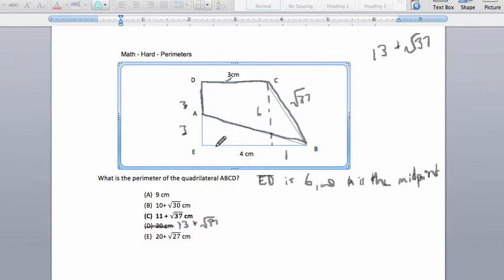Anybody who made the same careless mistake I did would have chosen D. So again, this is a great way to make questions even better, is to put as answer choices things that students can get if they do it a slightly wrong way or make a careless mistake. Again, this is a perfectly good question. I'm just adding in some really small things that could make it even a little bit better. And that is it. It was really good work here.